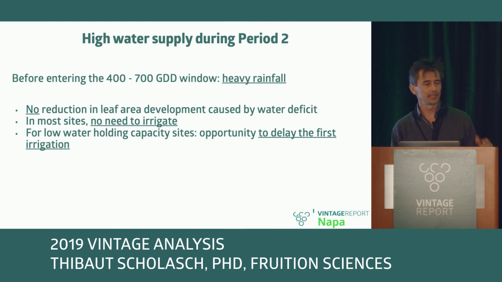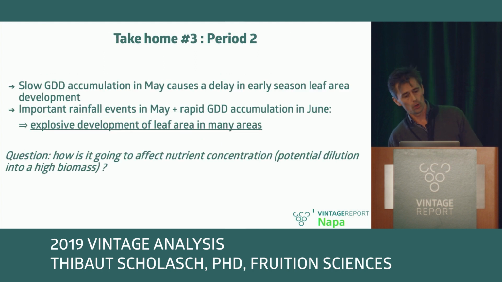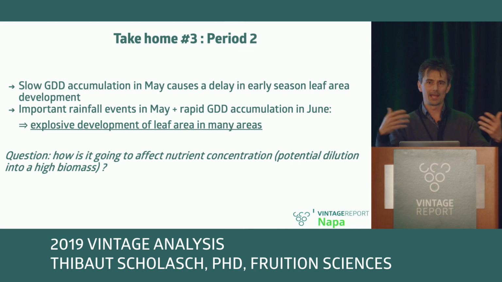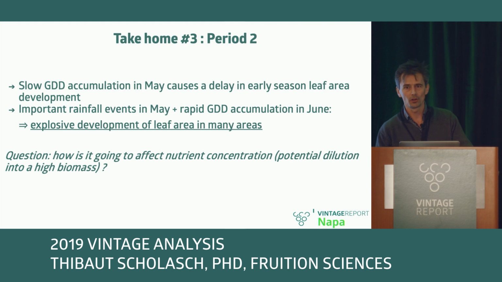So this brings me to my take-home number 3. What can we extract from period 2? Well, slow heat accumulation drives a delay in leaf area development. Then, combined with the important rainfall and the high temperature accumulation in June, an explosive development of leaf area.